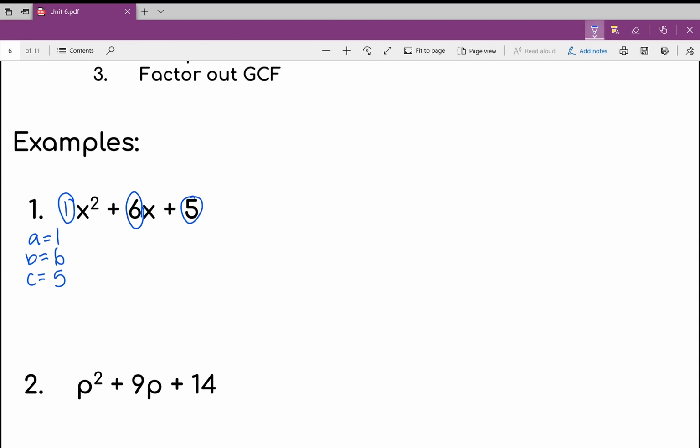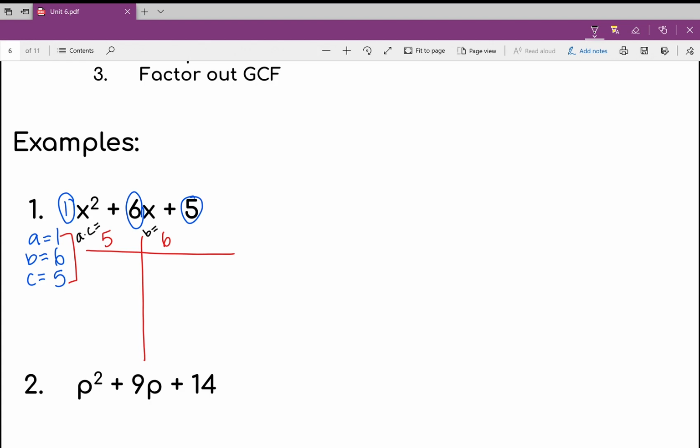What we need to do is create a table and multiply A times C. A times C is 5 because 1 times 5 is 5. And then we label our B, which is 6. So I put A times C over here and B on the other side.